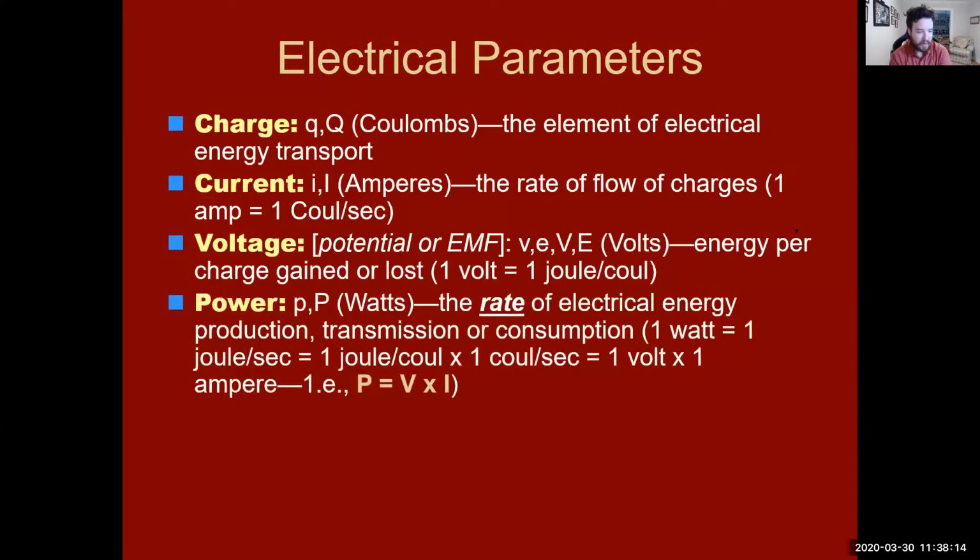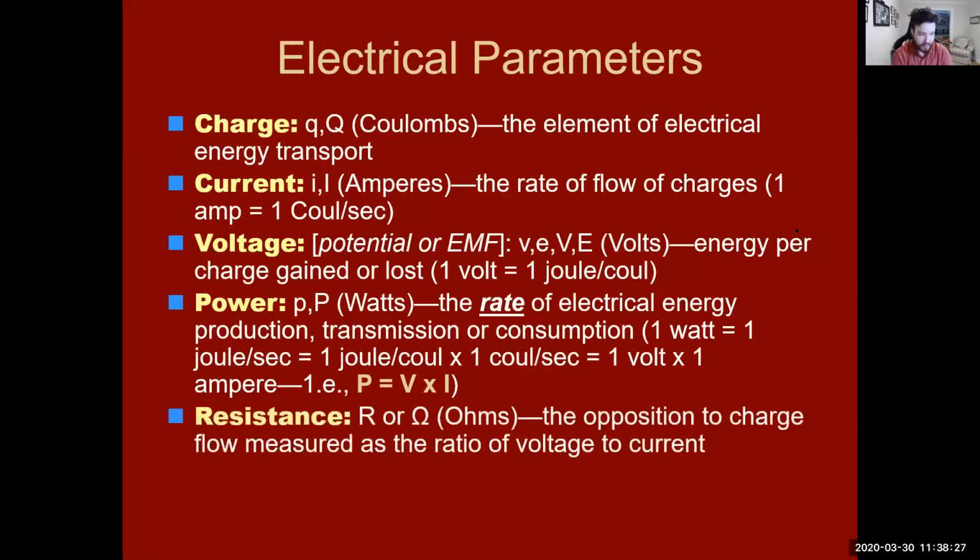And then you have power, which is in watts. It's the rate of electrical energy production, transmission, or consumption. And then you have resistance, R, or the sigma, which is ohms. It's the opposition to charge flow, measured as the ratio of voltage to current.